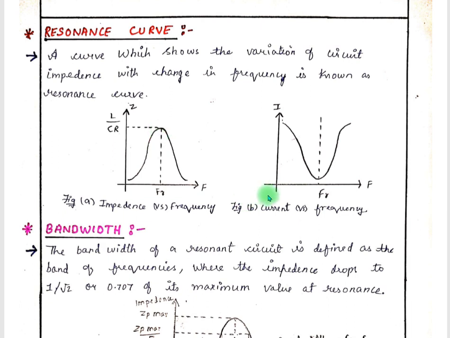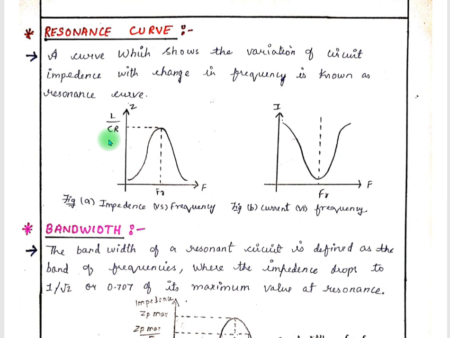And in figure B, the y-axis represents the line current and x-axis represents the frequency. Fr is resonant frequency, and at the point of resonant frequency, the line current is minimum. It is clear from the figures that impedance is maximum at resonant frequency. However, the impedance decreases rapidly on both sides of the resonant frequency. This characteristic of the parallel tuned circuit provides its selective properties.